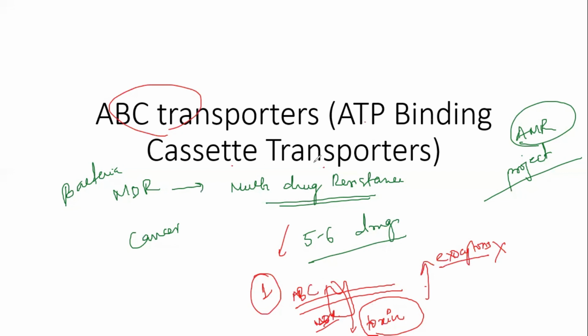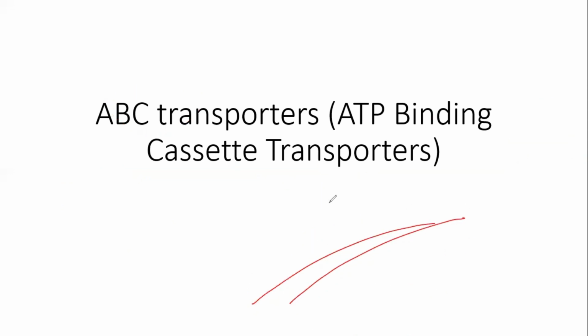Obviously, there is a domain where ATP is going to bind, correct? Now, these ABC transporters are going to take this toxin and pump it out. As I mentioned before, the concentration of the drug is going to be high outside, since you have applied it from outside, and the concentration inside the cell is going to be less, correct?